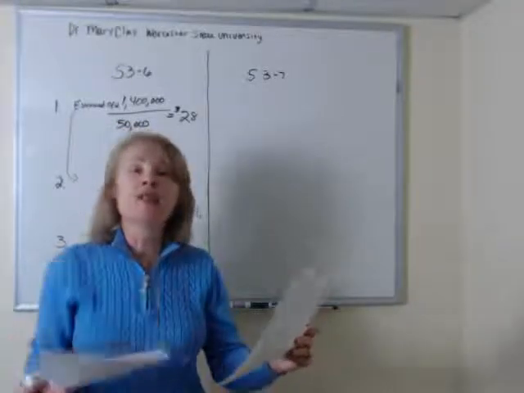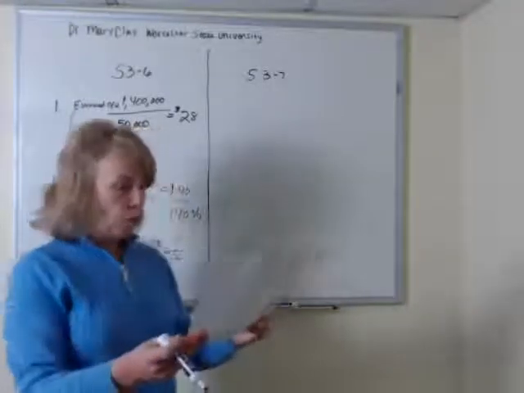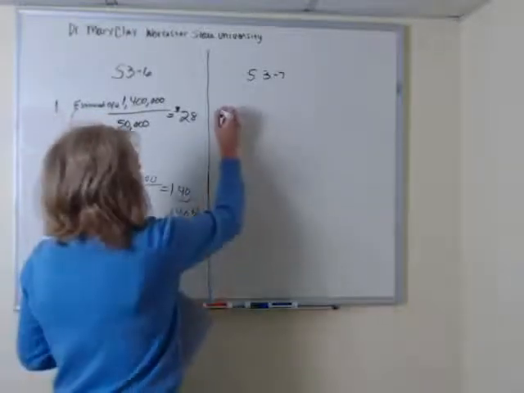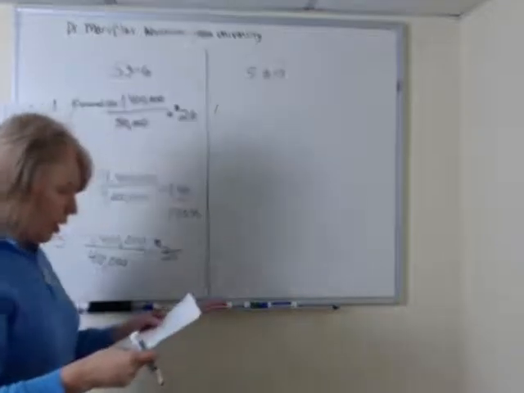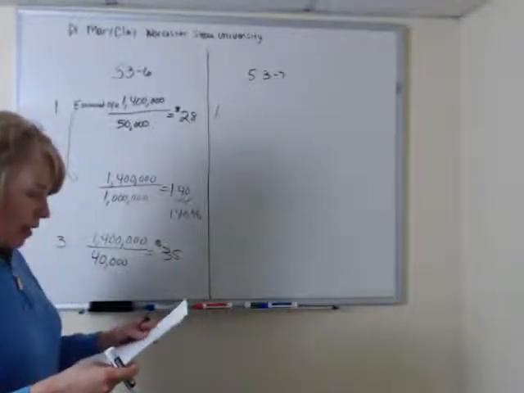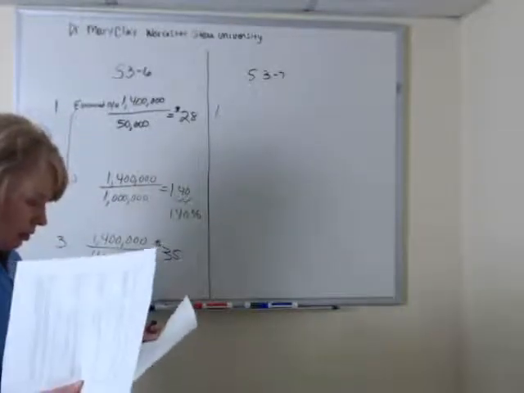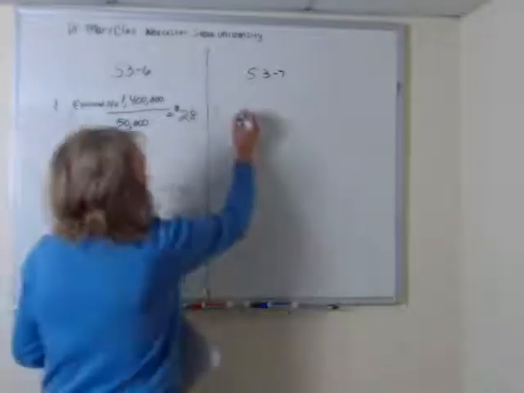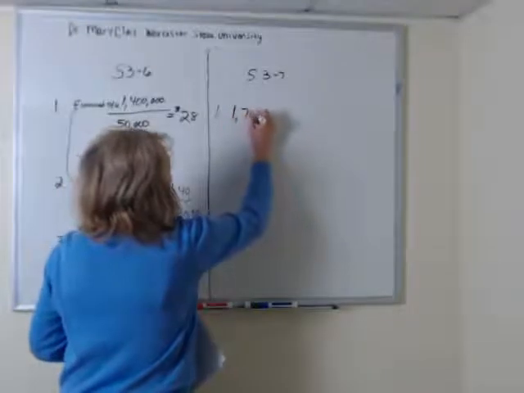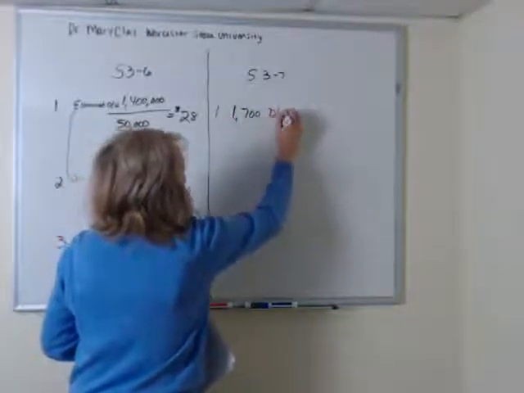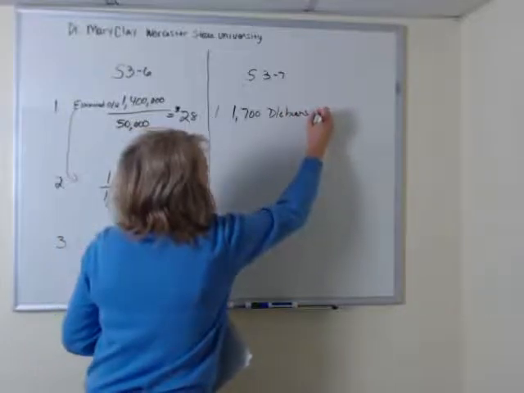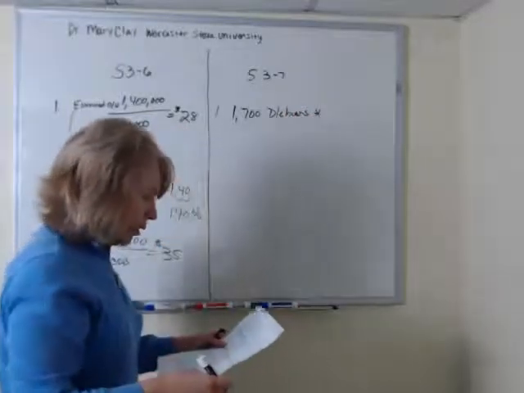So to get our overhead allocation, we take the 51,700 direct labor hours times the rate, which is $28.